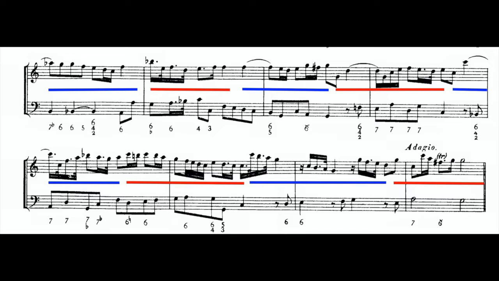C, D, C, B, C, C, please. And now we have to decide if these notes C, B, C, B, A, G have the same rhythm or not. I think that they have the same rhythm.